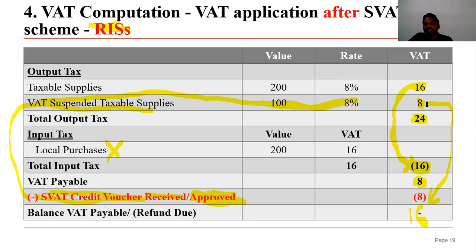The benefit of SVAT is that there is nothing to pay. If the RIP has approved, and the RIP is required to approve anyway, you are not required to pay any amount to the IRD.